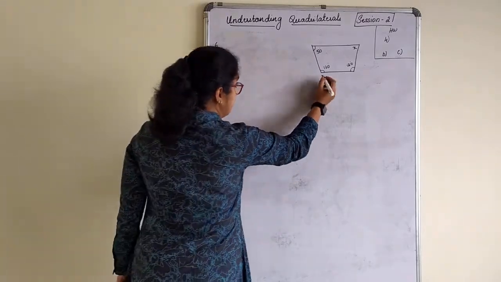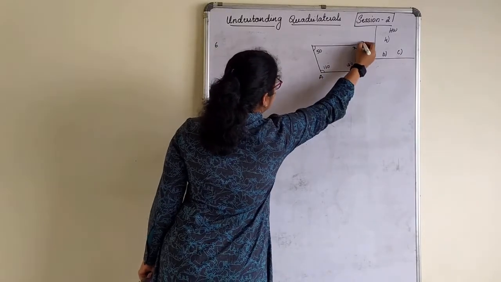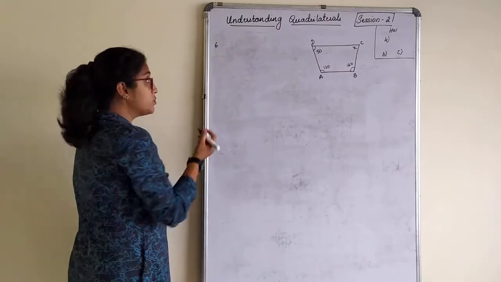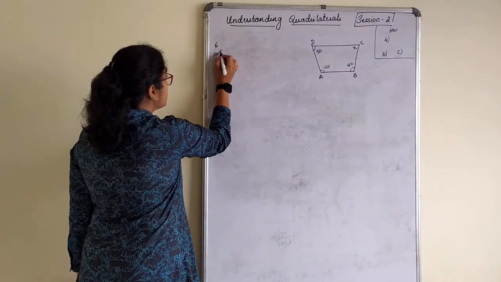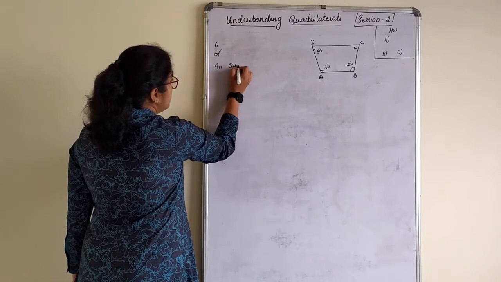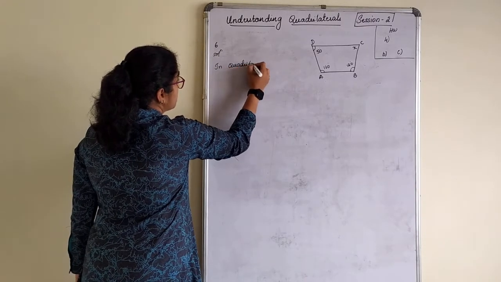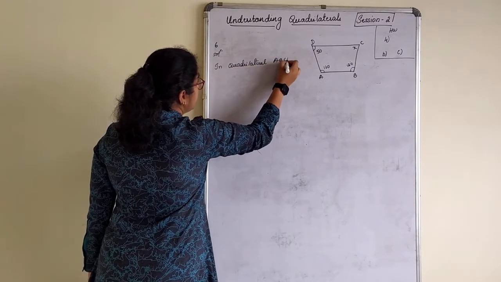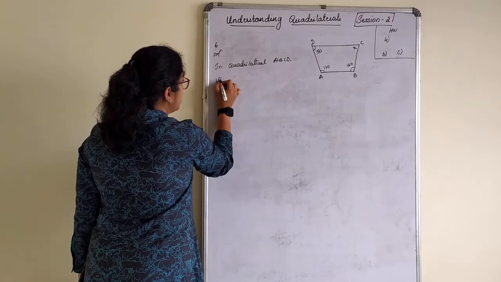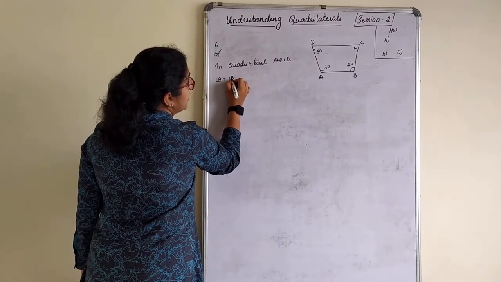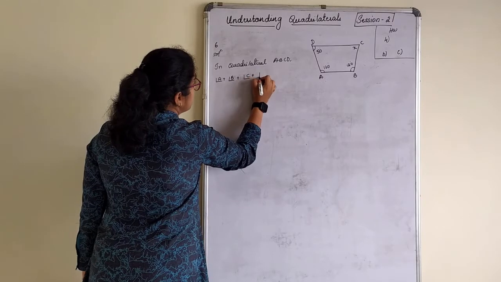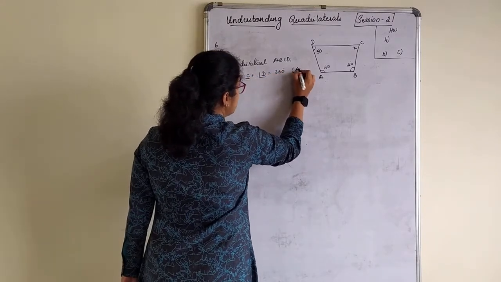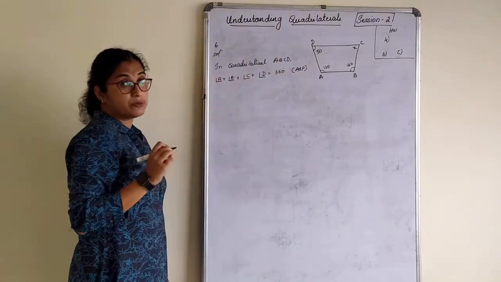Keep that in your mind. So let us name this ABCD. According to us, ABCD is a quadrilateral. Solution: in quadrilateral ABCD, can I say angle A plus angle B plus angle C plus angle D is equal to 360 degrees? Reason: angle sum property, ASP I will write.